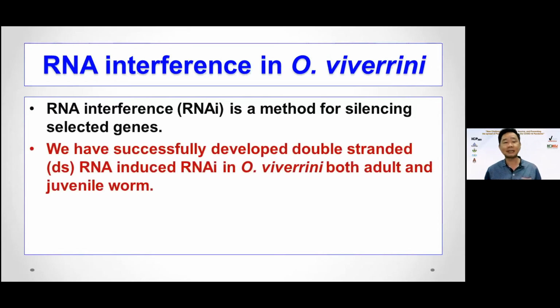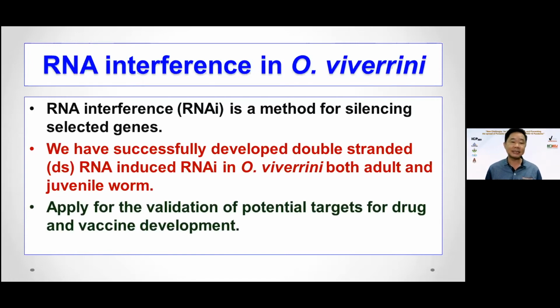We have successfully developed the RNAi system in platyhelminths, including Opisthorchis viverrini, by using double-strand RNA to induce RNAi. We can use this in both adult and juvenile worms. I will tell you in detail how we developed these experiments.